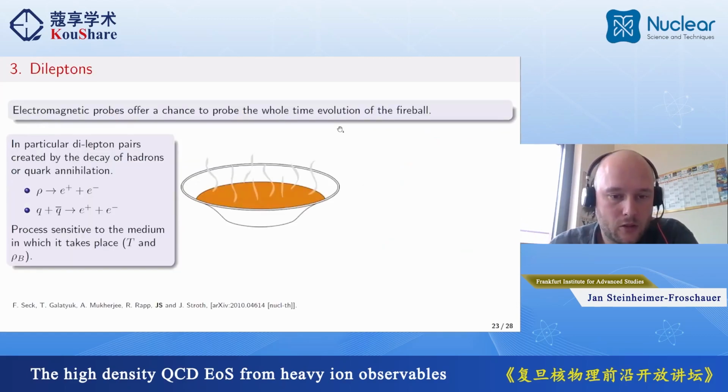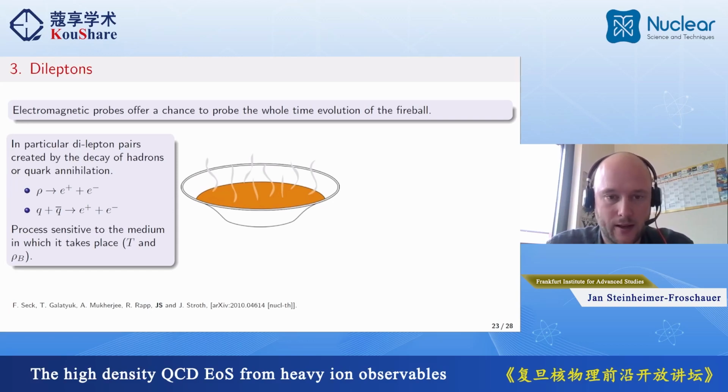The third one I want to show, we still have a few minutes, that's good, is electromagnetic probes. What I'm talking about is dileptons, and the idea here is very sophisticated, as you can see from this bowl of soup. You treat your heavy ion collision like a bowl of soup, which has a given temperature and density, and at this given temperature and density, I can emit electron-positron pairs from the thermal heat bath.